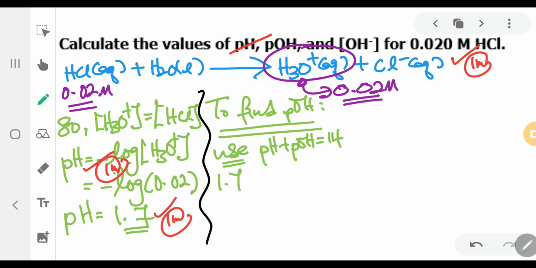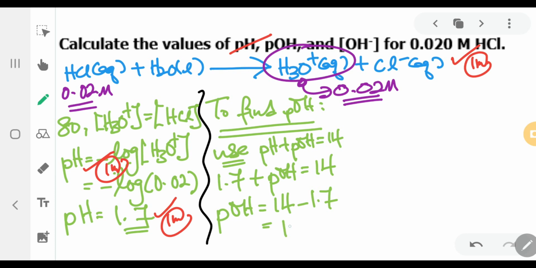You get 1.7 plus pOH equals 14. Therefore, pOH will be 14 minus 1.7, and you get 12.3. You get another 1 mark for this, and 1 mark for that one. Now we have done pOH.